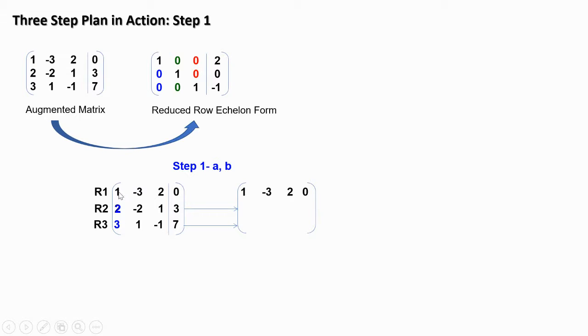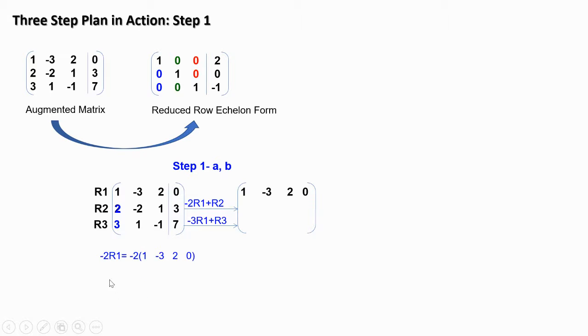I'm going to multiply -2 times row 1 and add it to row 2. Why -2? Because -2 times 1 will give me -2, and then when I add it to 2, they'll be eliminated. In a similar fashion, I'm going to multiply row 1 by -3, because 1 times -3 will give us -3, and when I add it to 3, they will also be eliminated because it will equal 0.